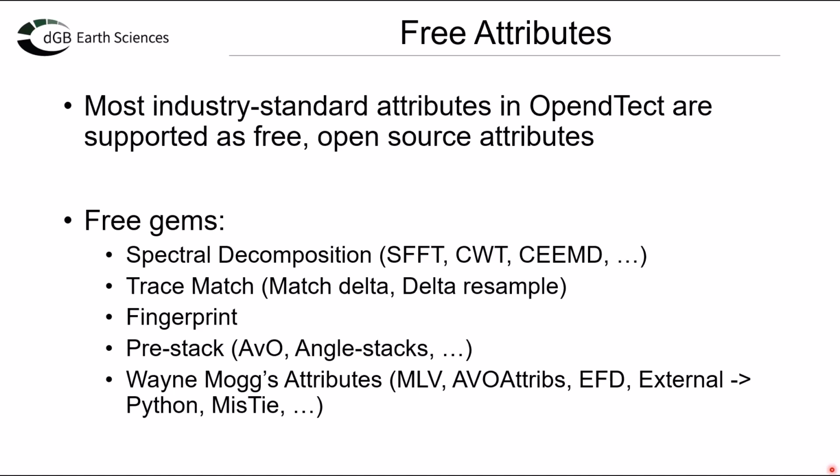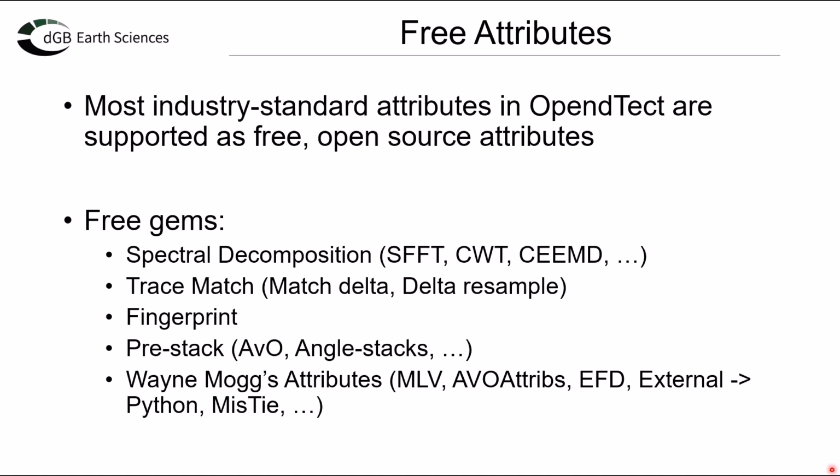Pre-stack attributes are supported, like AVO attributes and various derivatives. We can compute angle stacks in the data, and then we have the set of attributes from Wayne Mogg, which are nowadays shipped with the software. Very interesting attributes in that set.